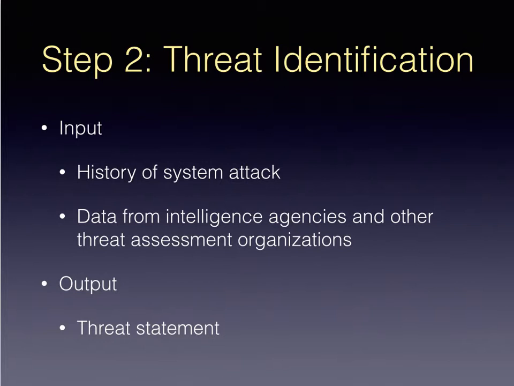Step two, threat identification. The inputs to this activity are history of system attack, data from intelligence agencies and other assessment organizations, and the output is a threat statement. In other words, what are the likely threats? And this is important: what are the likely or probable threats against the system?